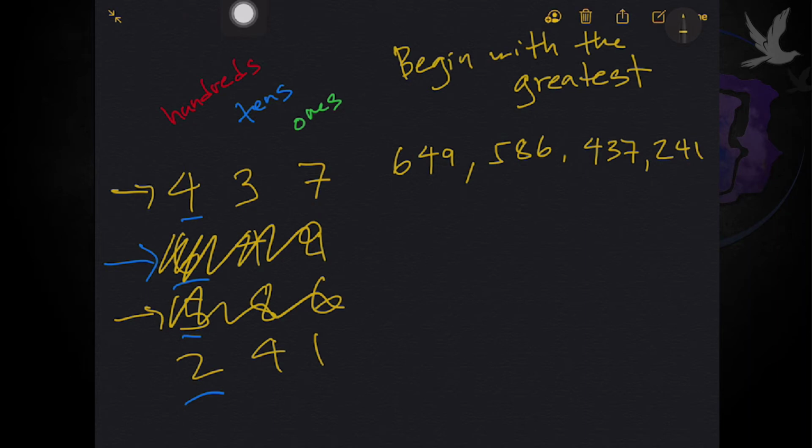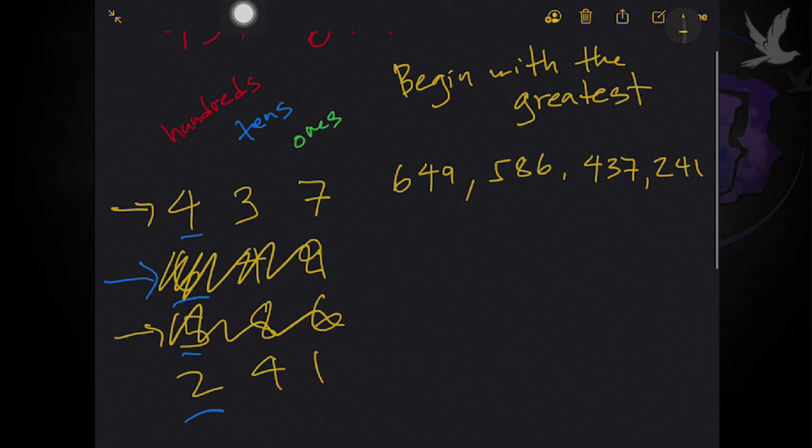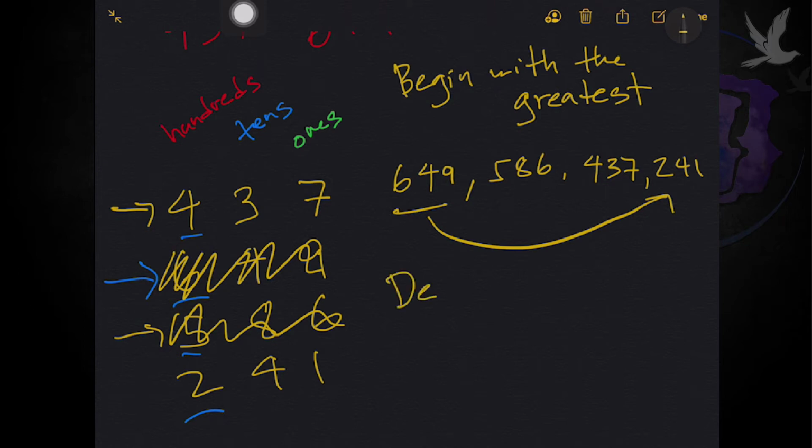So this is if you are tasked to begin with the greatest. We started with the greatest all the way to the smallest value. And this process is called descending. Descending order means we start with the greatest value and end with the smallest value.